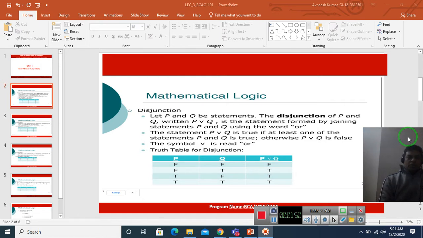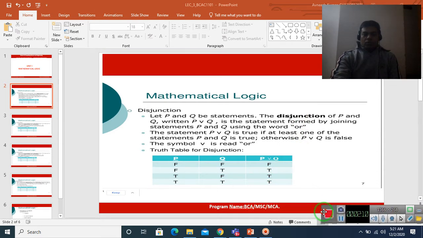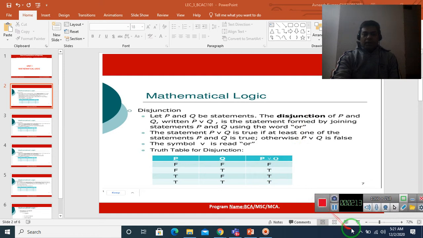The truth table of the disjunction: we have the two variables P and Q, so there are 2 to the power n, that is 2 to the power 2, which is 4. There will be 4 possible combinations: true false, false true, double false, double true. According to the definition, at least one should be true.